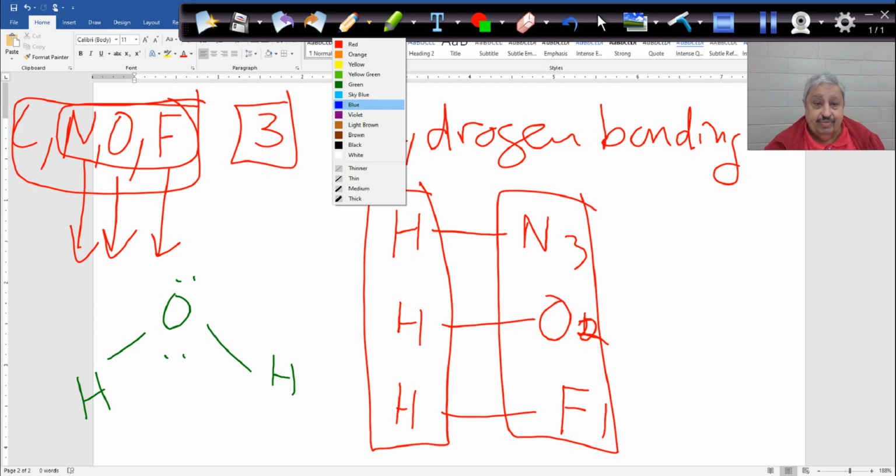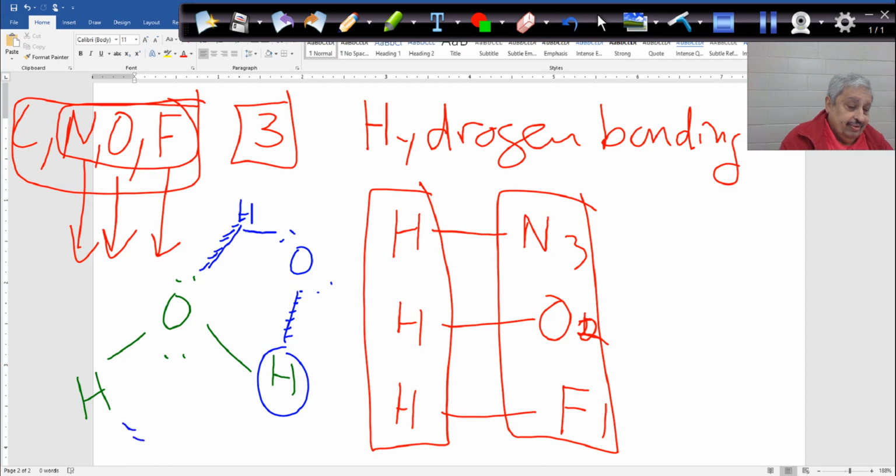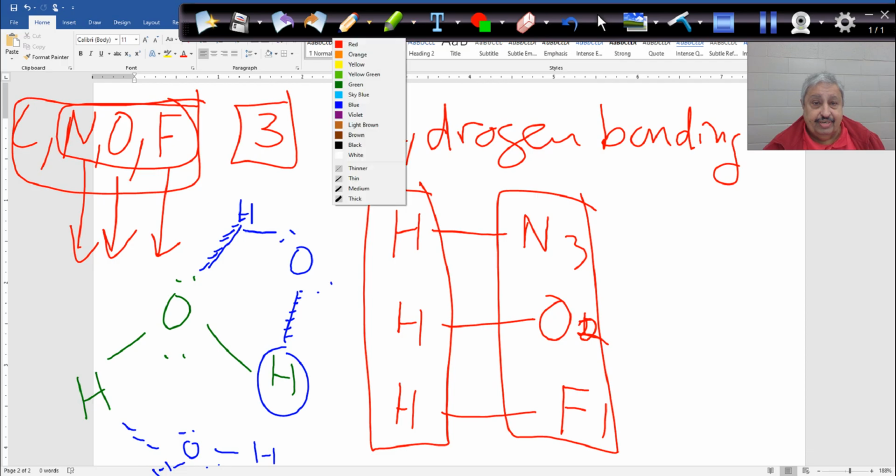The first one, I can take this hydrogen, connect it to another molecule of H2O. It's another one. Okay, I can take this one here and then connect it to what? So now I have how many here? Three, correct?